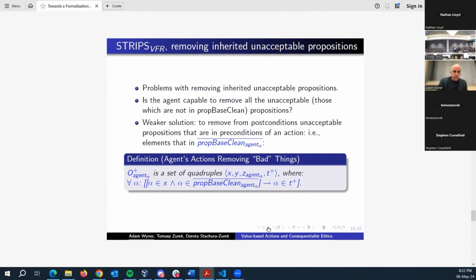Basically, the version given here is to remove bad things, that is, to see that the things that you don't like are removed from the post-condition state, things that you don't want to be true. Next slide, please.